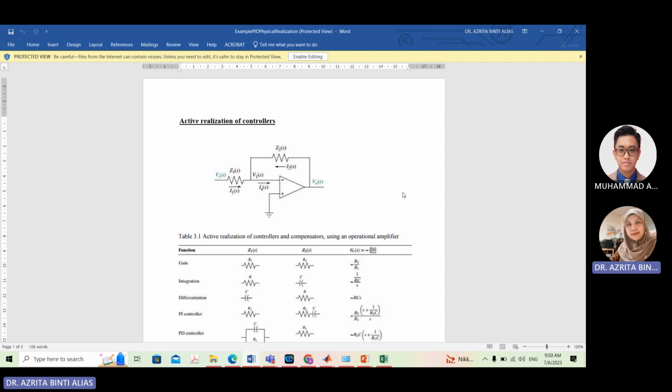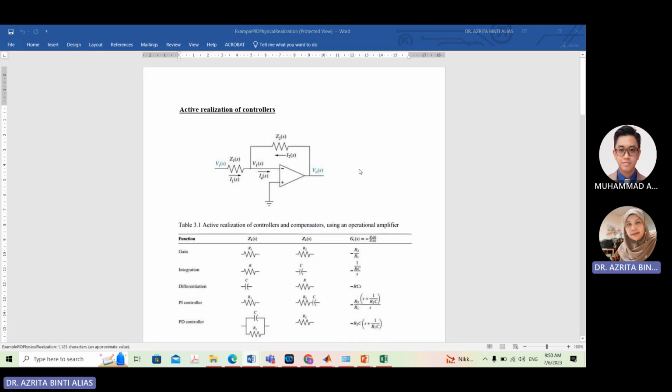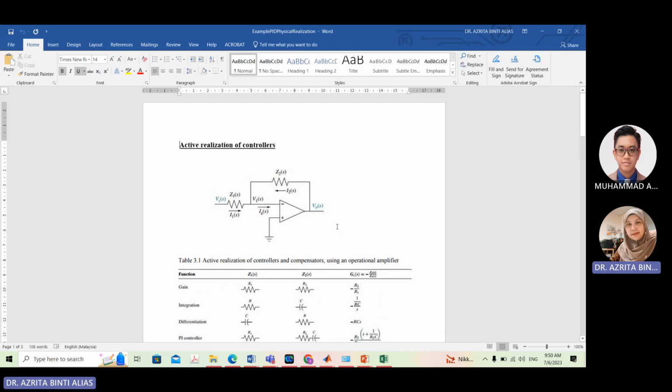So after that, when you want to build your PID controller in experiment, you need to have the physical circuit. So what we call an active realization of the controllers. So ni this controller uses the op-amp, and we have here two impedances Z1 and Z2.